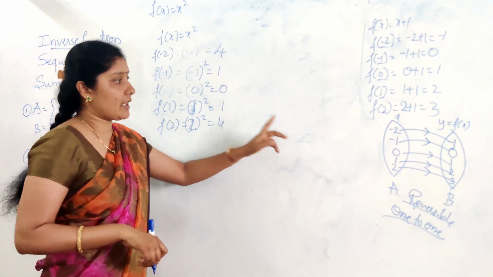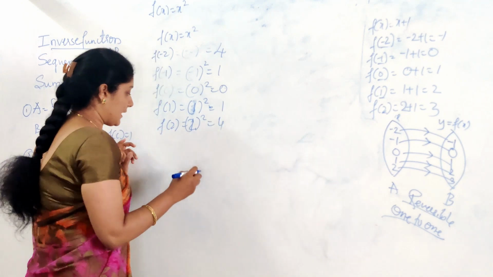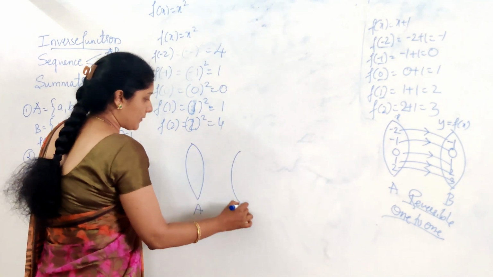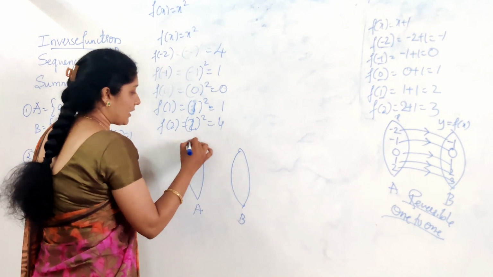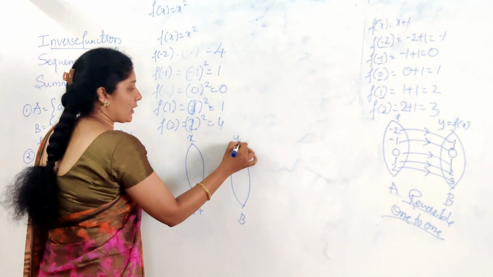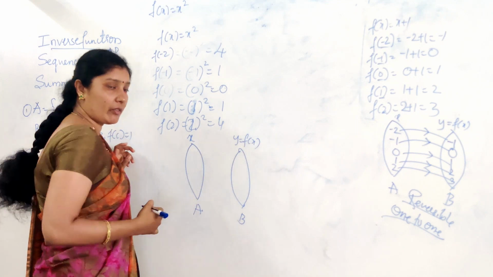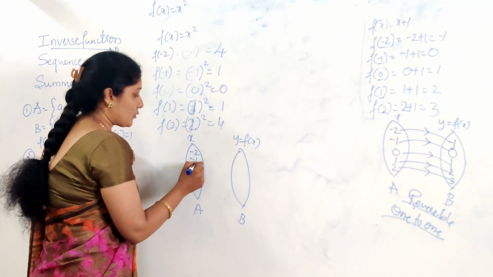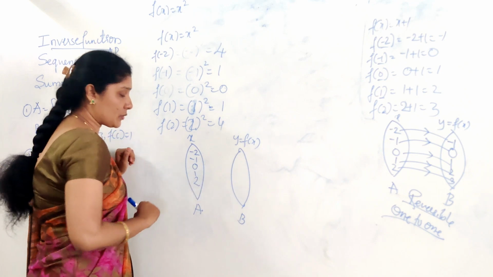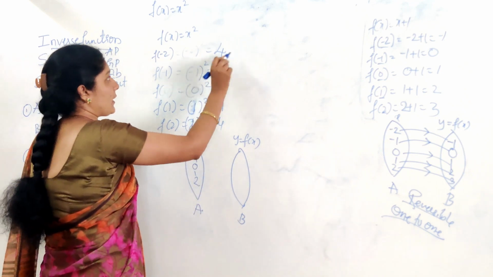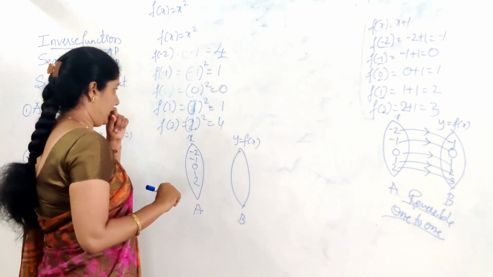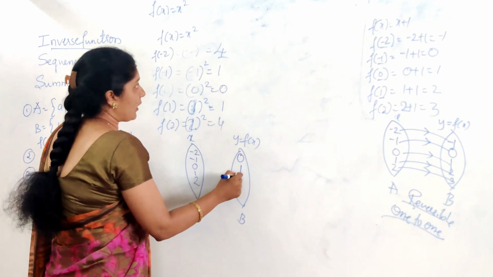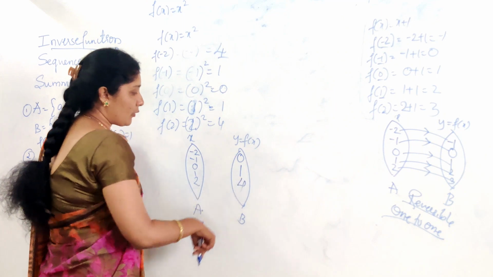Okay. Now again represent it in the form of sets like this. So this is A and this is B, nothing but this is X and this is Y. Y is nothing but f of X. So here we have X values as -2, -1, 0, 1, 2. And here the corresponding values are 0, 1, 4.